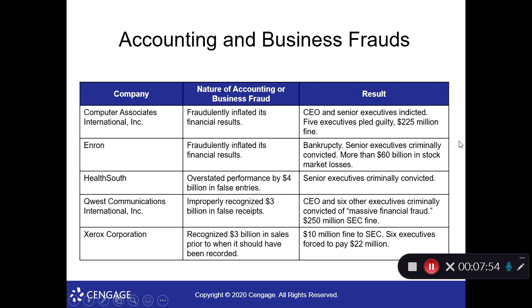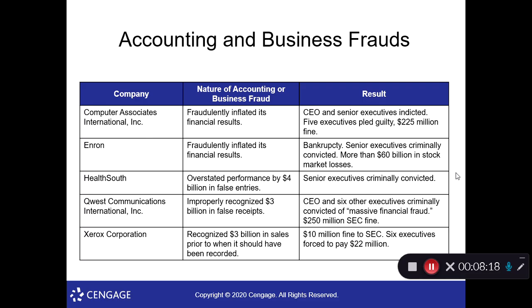Within the past, I would say, 15 years, there have been some really shocking examples of accounting and business fraud. There are a few that are widely talked about because of A, their dollar value, B, the method in which they committed the fraud, or C, just how shocking in general it is.